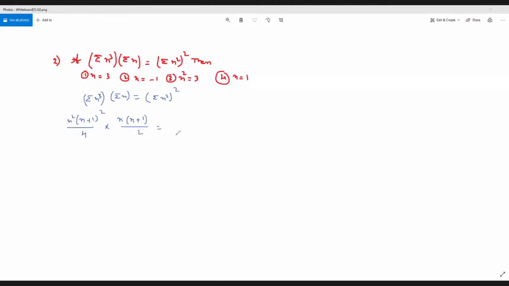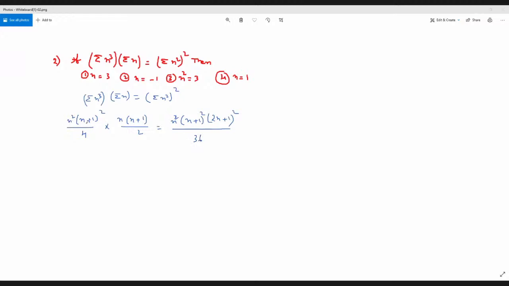Sigma n square whole square: first we have to write sigma n square, n into n plus 1 into 2n plus 1 divided by 6. That is only sigma n square, but it is whole square. So clearly it is n square into n plus 1 whole square into 2n plus 1 whole square divided by 6 square, that is 36.